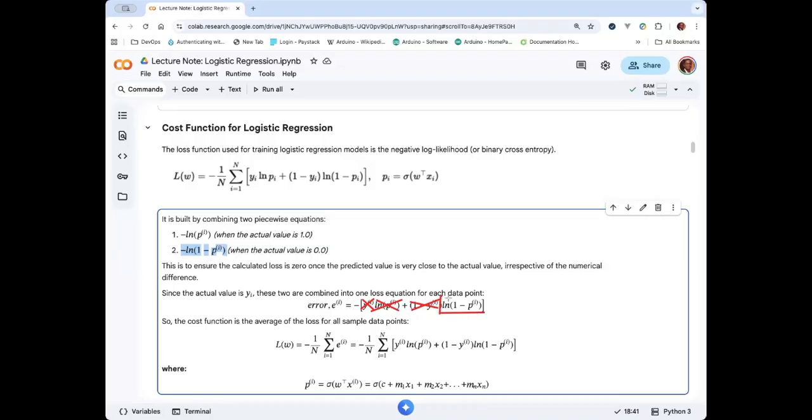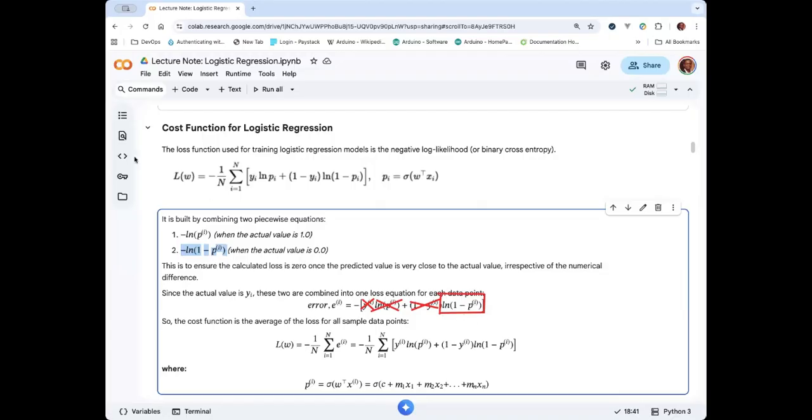So with that, we are sure that when the actual value is 1, I will be using this one as the cost function, or the loss. But when the actual value is 0, I'll be using this term as the loss.